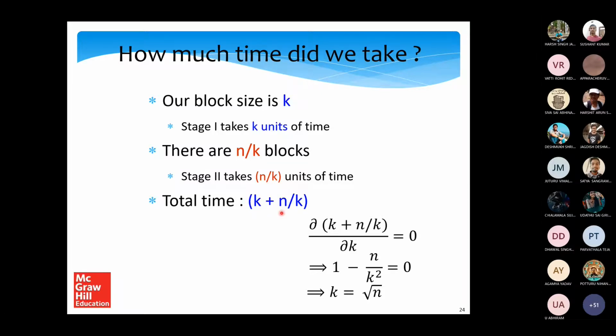If you do a simple minimization, after doing a differentiation, you will find that k becomes root n. So whenever you have a 16-bit number, you can actually generate a carry select adder which produces results in root 16 time.